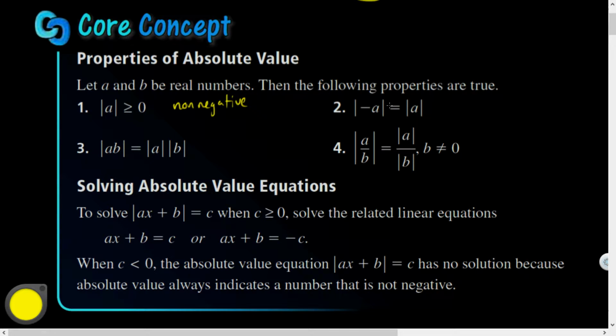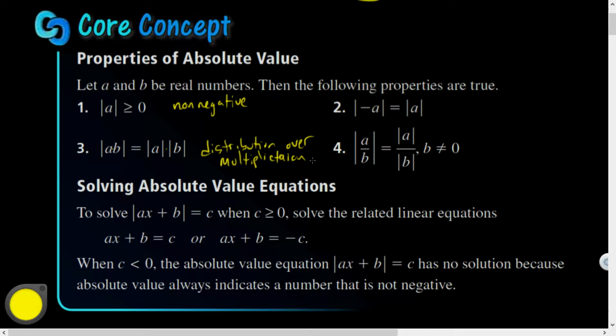We also have that the absolute value of the opposite of A is equal to the absolute value of A, right? That they just equal out. This is a type of distribution over multiplication, right, Cameron?